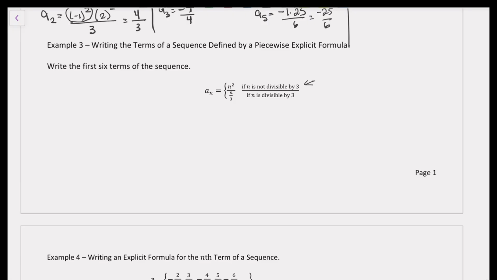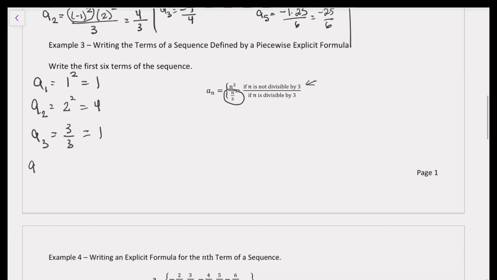Okay? So when we're doing a sub 1, well, that 1 is not divisible by 3, so we're going to do 1 squared and get 1. A sub 2, it's not divisible by 3, so it's 2 squared, and we're going to get a 4. A sub 3, it is divisible by 3, so we're going to do the bottom, which is 3/3, and we get a 1.